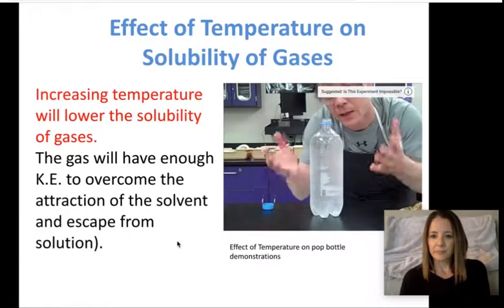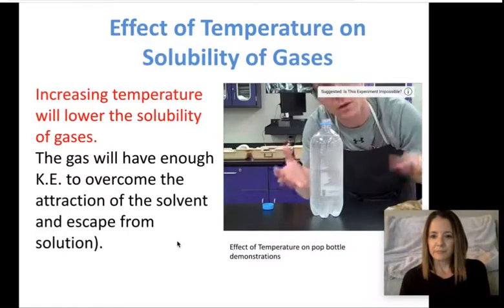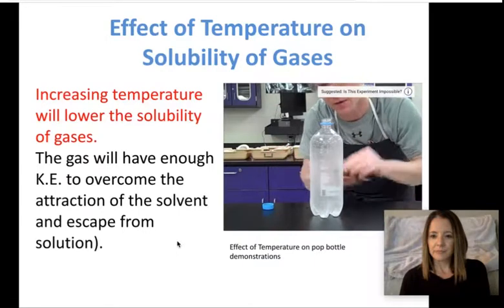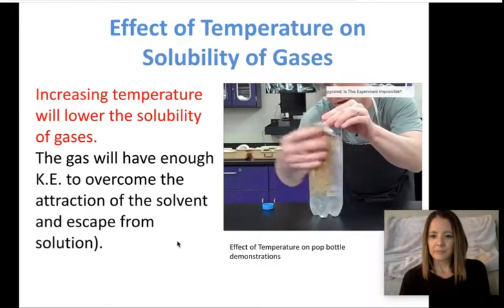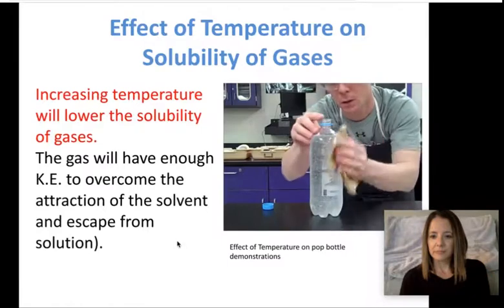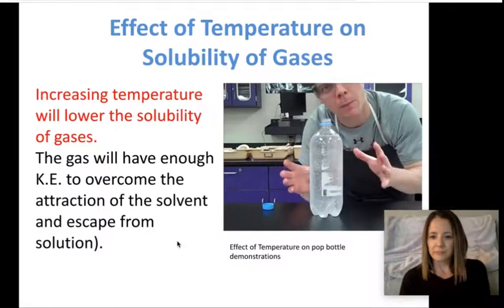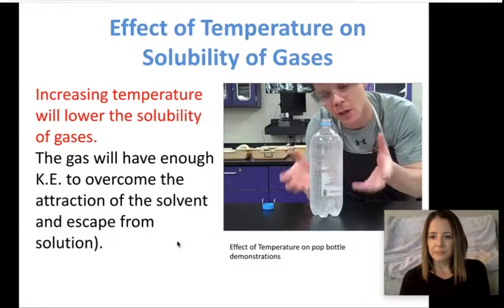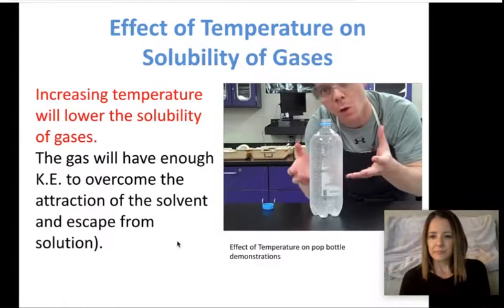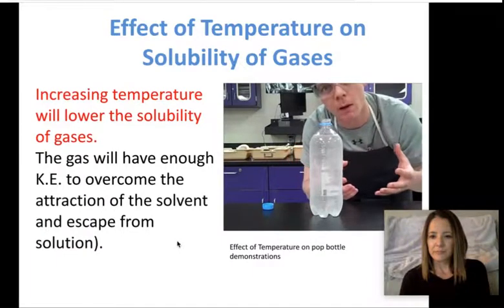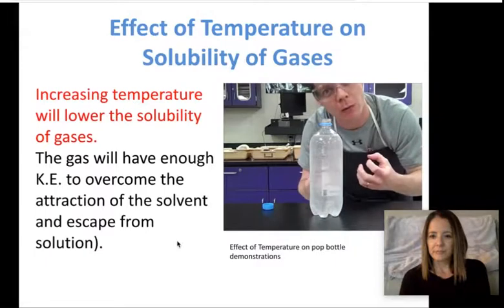We can see that the carbon dioxide, which was dissolved in the water, is coming out of solution. I want you to think about comparing how rapidly the carbon dioxide is coming out of the water when it's cold versus how quickly it came out of the water when the water was at room temperature.